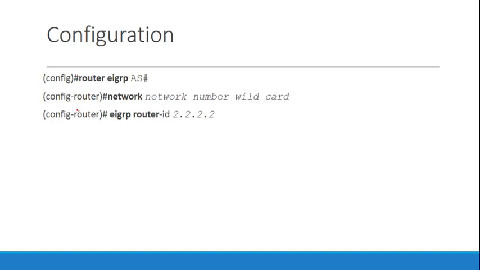If I don't configure a router ID explicitly, then the first thing EIGRP will do to try to find an ID will be to look at all your loopback interfaces. If you have loopback interfaces, it will use the highest IP address of your loopback interfaces. If you don't have any loopbacks, then it will use the highest IP address of your active interfaces. So it will find one if you don't configure it, but you can configure it.